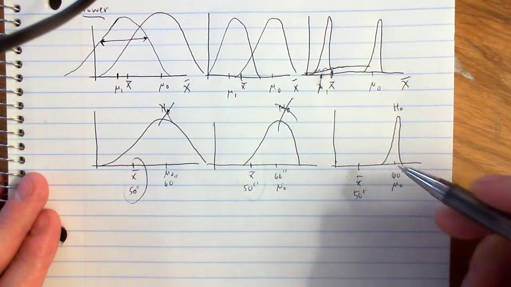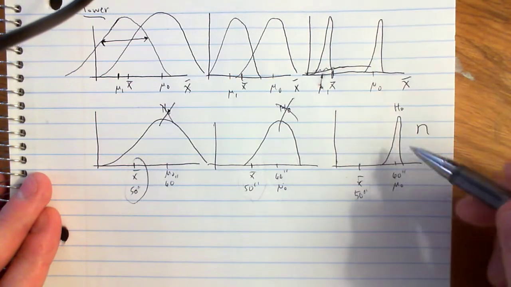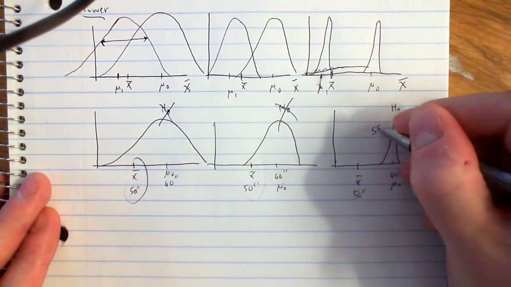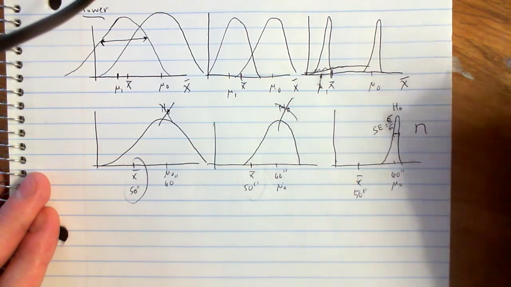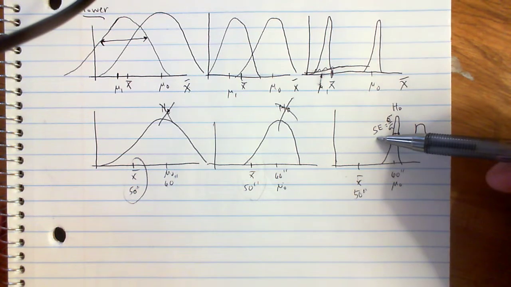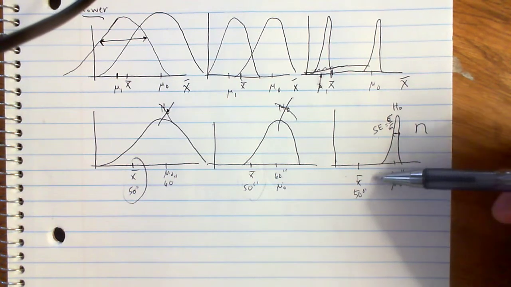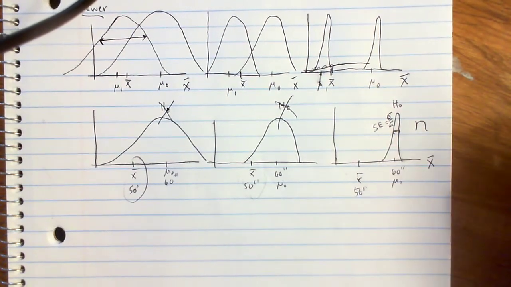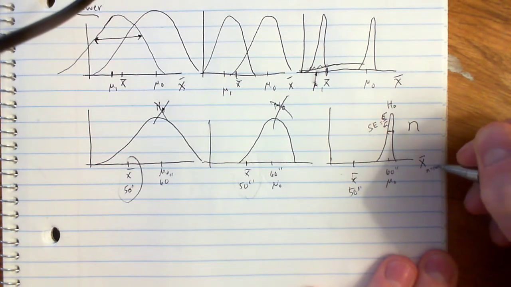If this is the situation, and you have such a large sample that the standard deviation sigma over root n, that standard error, I should have said, is so small that it makes the distribution this narrow, the distribution of means, x bar, for some given n, maybe n is 1,000.